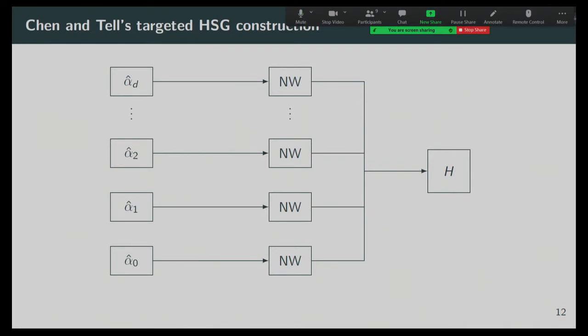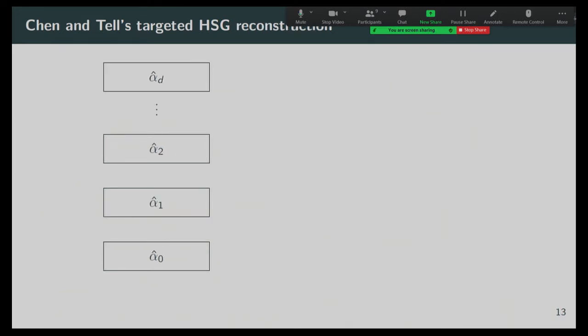Now, what about the reconstruction, right? So say we have this hitting set generator fails to hit some circuit, we have a distinguisher, and we want to run the reconstruction. So again, we have the polynomials, and they have this nice downward self-reducibility property. The idea is, because the first polynomial is simple, it's essentially just the input x, they have the circuit C0 that computes it.